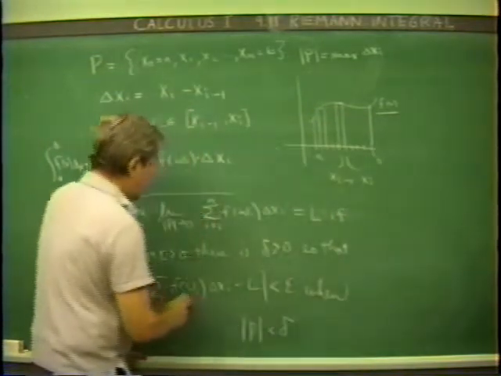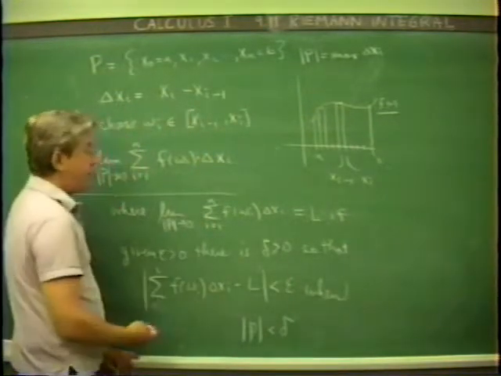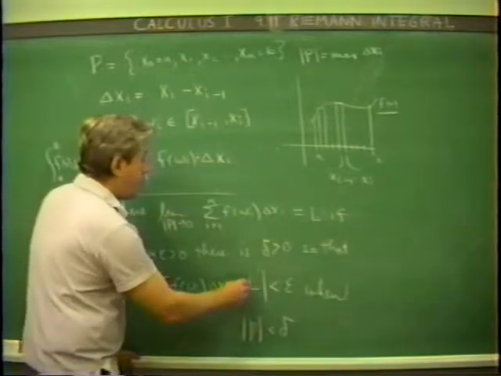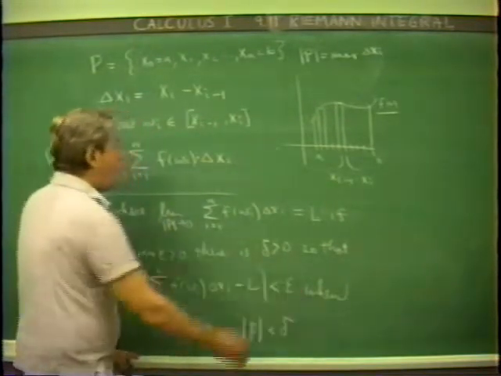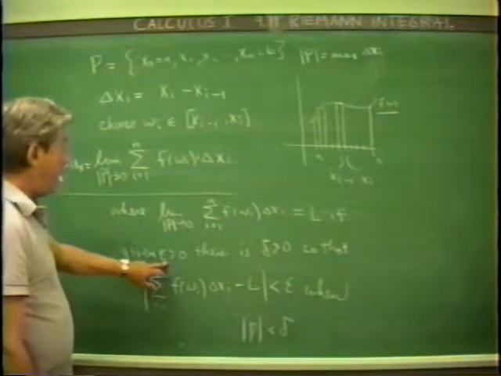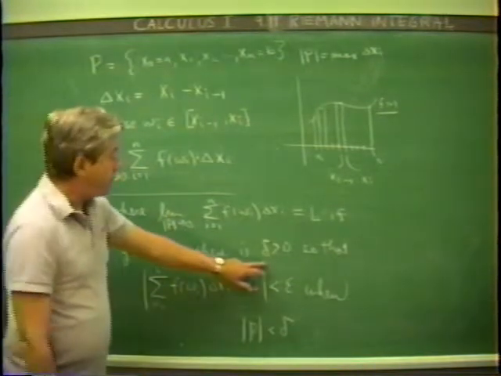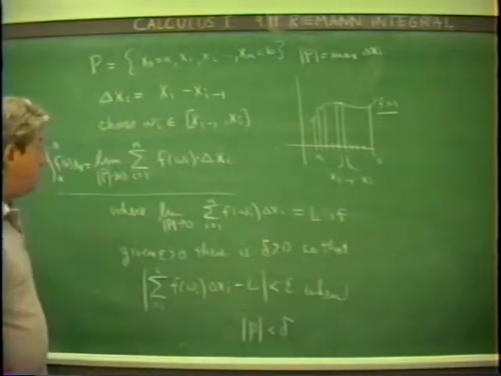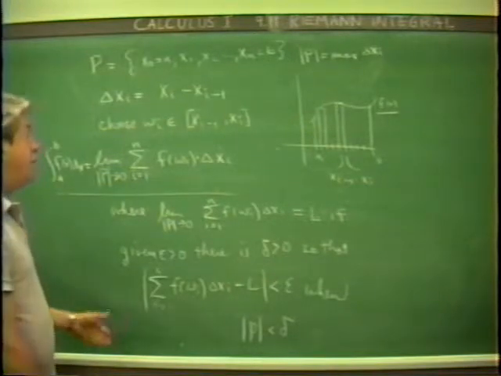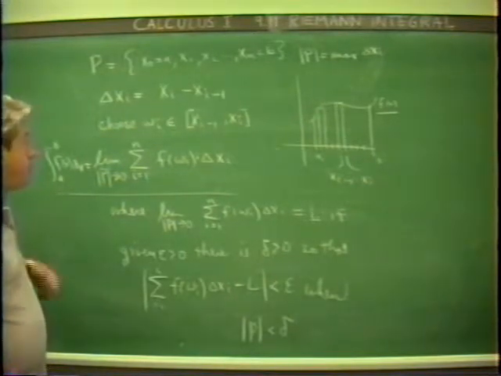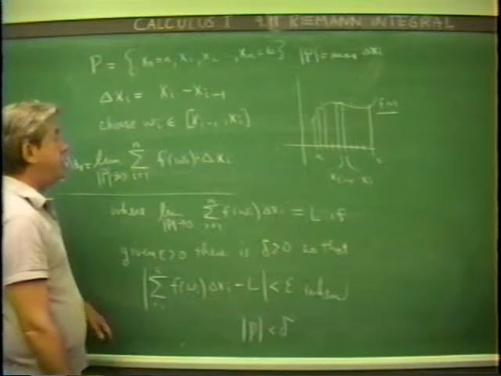For any sum with a partition that is fine enough, the sum of these values, f of w_i delta x_i, will differ from L by less than a number epsilon. And given any epsilon, no matter how small, you could find a delta for which that is true. Right?